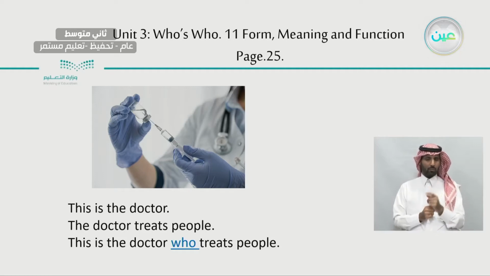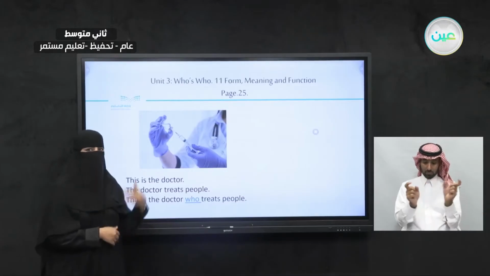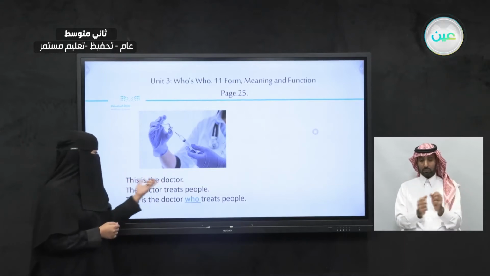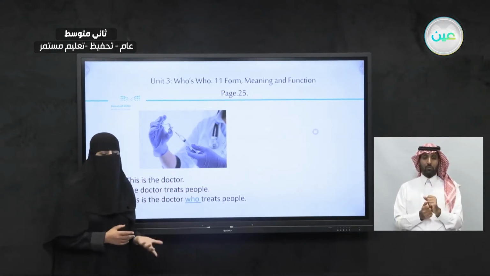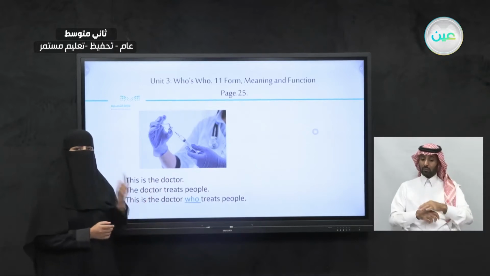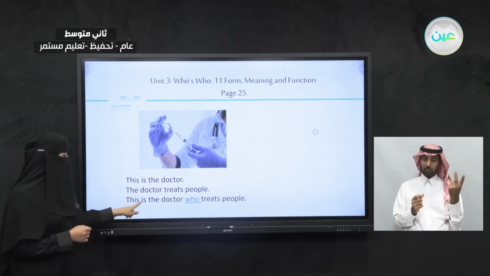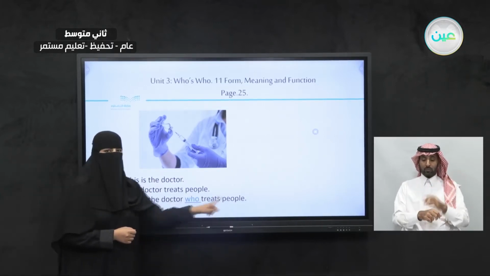Now, can we combine these two sentences in one? Are we going to keep repeating the same words? So this is the doctor, the doctor treats people. Is there another way to say both of the sentences in one? Yes, maybe like this. This is the doctor who treats people.